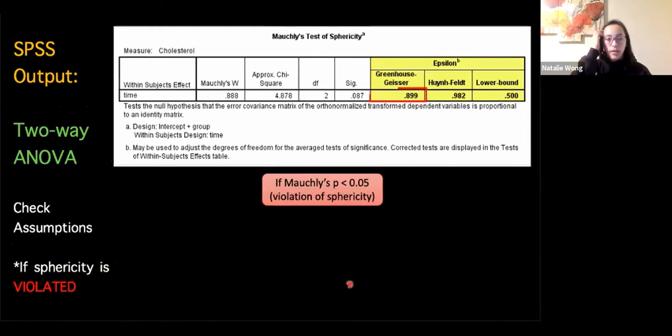In the case where you violate sphericity, which again, not the case for this example, but just a what if scenario, we then look at our epsilon value in the Greenhouse-Geisser box. Okay, so if we had a p-value in this sig column that was less than 0.05, we'd say, is this value in this box less than or equal to 0.75?